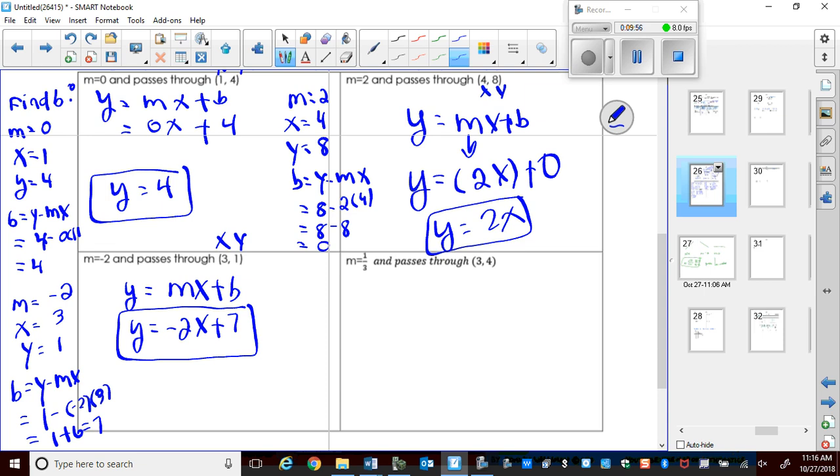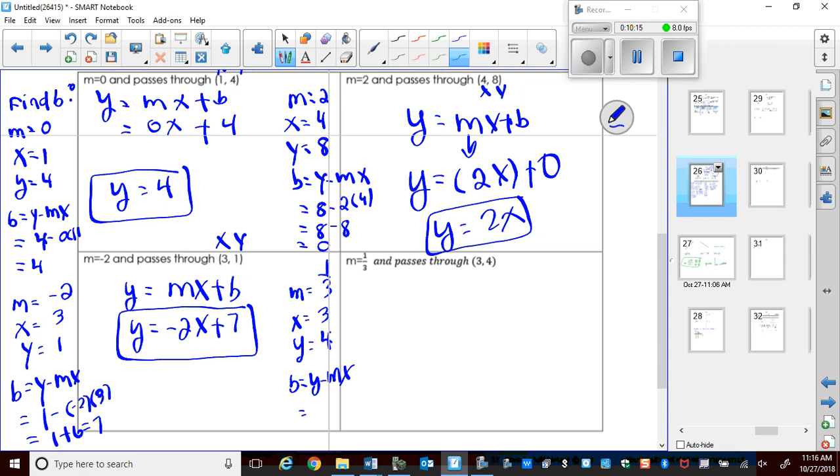Okay? Next one, we identify the slope, the x value, the y value, and find out what b is using the information that's given. Okay? My slope is 1/3. X is 3. Y is 4.